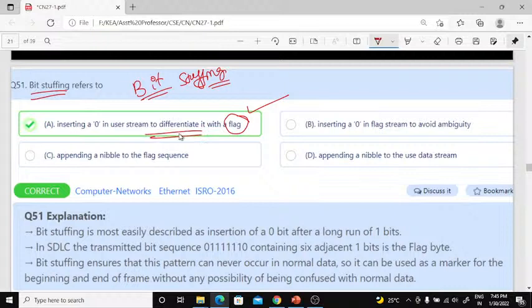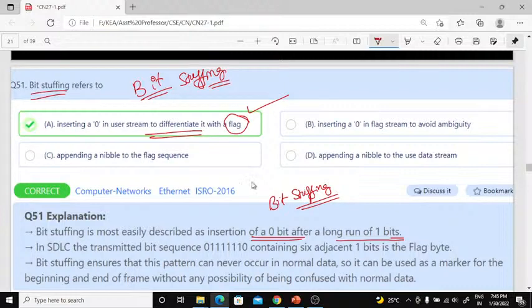Bit stuffing is most easily described as insertion of a 0 bit after a long run of 1 bits. Bit stuffing is insertion of a 0 in a user stream to differentiate it from a flag.